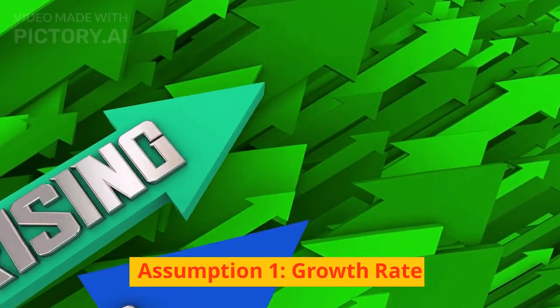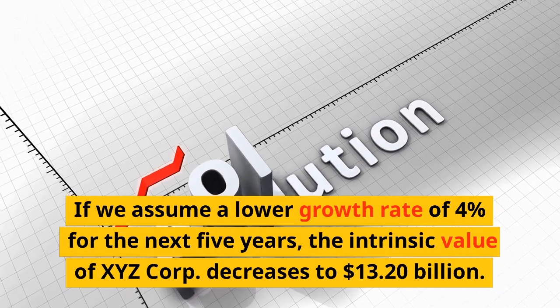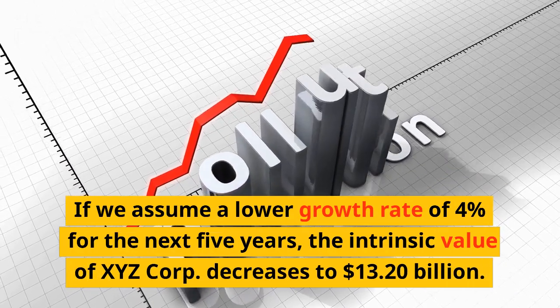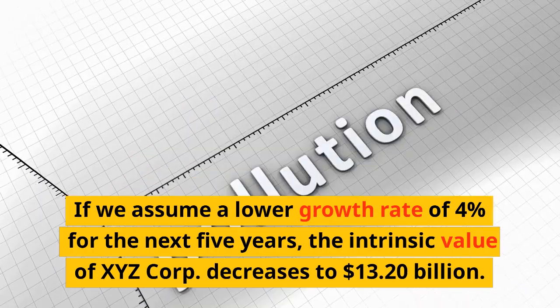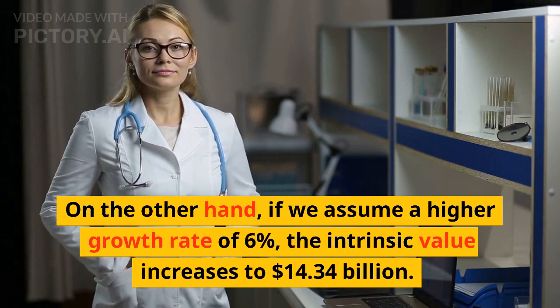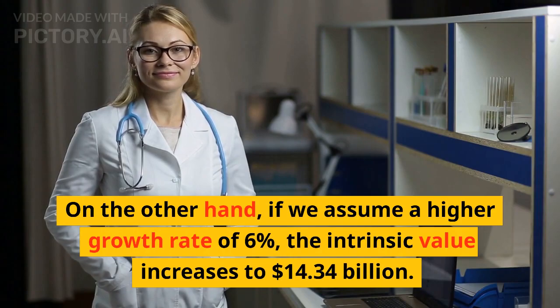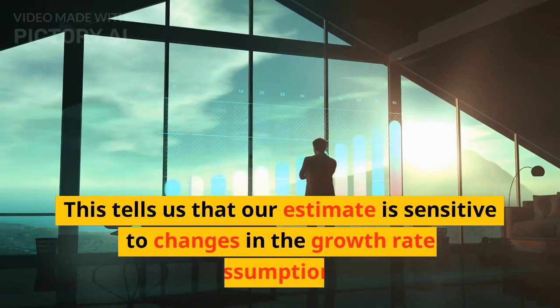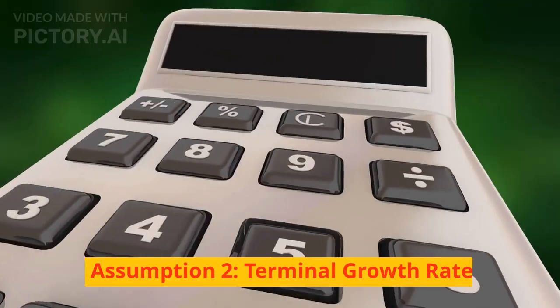Assumption 1. Growth rate. If we assume a lower growth rate of 4% for the next 5 years, the intrinsic value of XYZ Corp decreases to $13.20 billion. On the other hand, if we assume a higher growth rate of 6%, the intrinsic value increases to $14.34 billion. This tells us that our estimate is sensitive to changes in the growth rate assumption. Assumption 2.